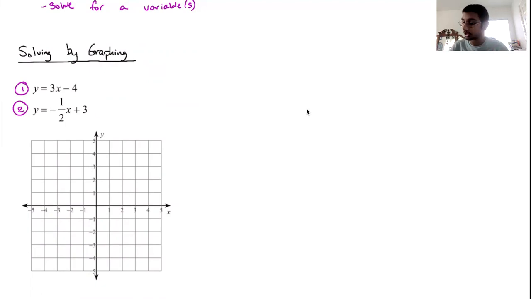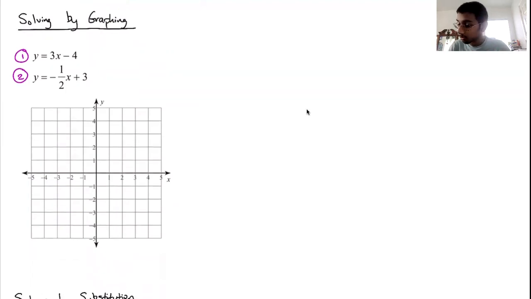So let's start with the first equation. I'm going to highlight this in red. If you remember from my previous videos, or maybe you've learned this in pre-algebra, it's very simple. When you're graphing, you start by looking at your y-intercept. That'd be -4. So you start off at -4. And then we have a slope right here, which again is the rise over run.